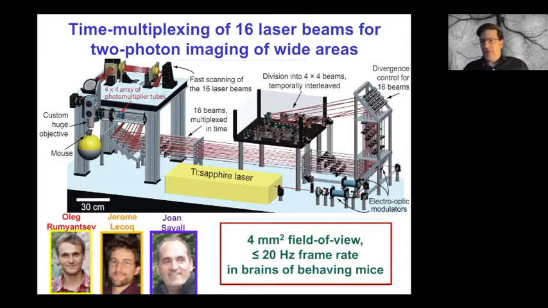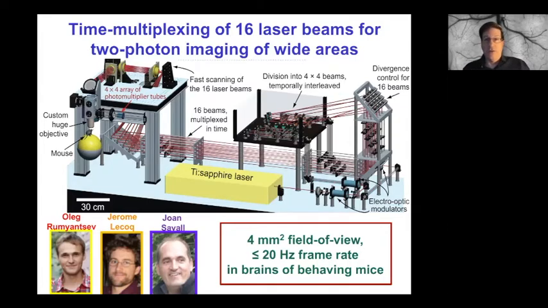There are, in effect, 16 laser beams that are scanning the mouse brain simultaneously. Well, not perfectly simultaneously, as I'll mention in just a moment. And they together cover a field of view that is about 4 millimeters square in area, with a frame acquisition rate of up to about 20 hertz.